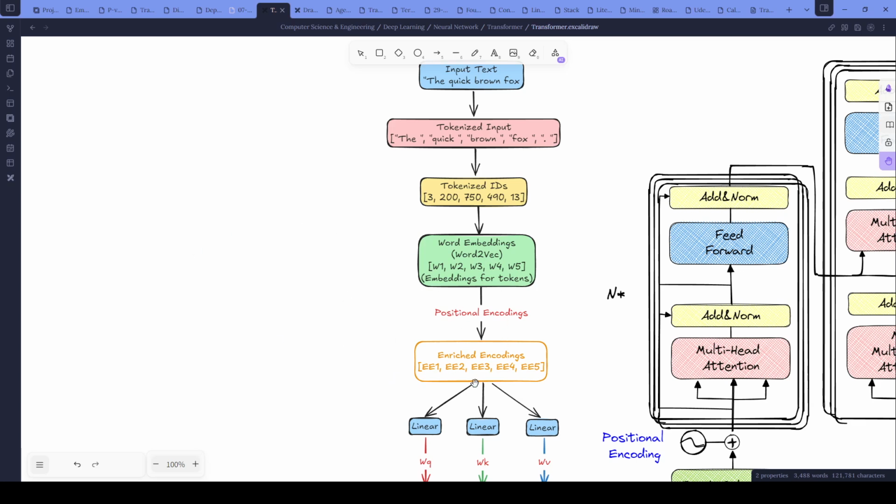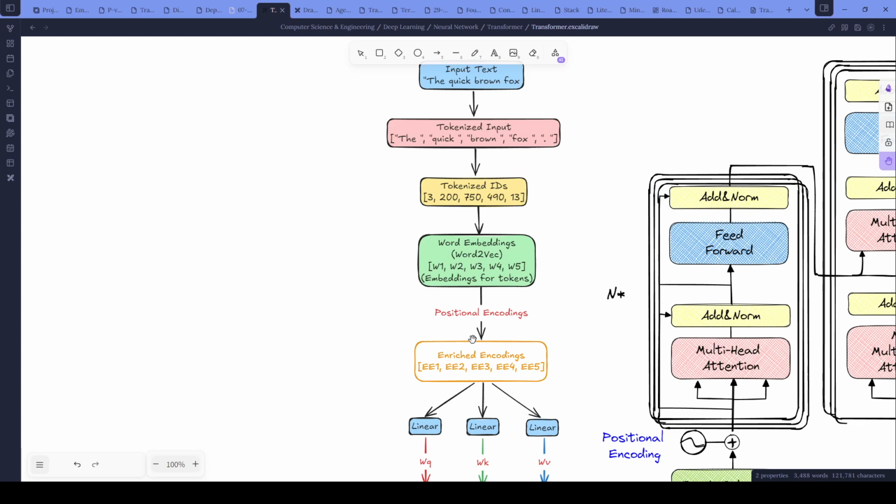So the transformer tries to bring parallelization to the table. The transformer processes all the input text all at once.